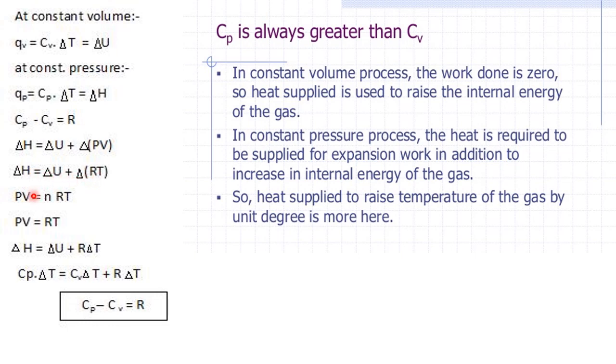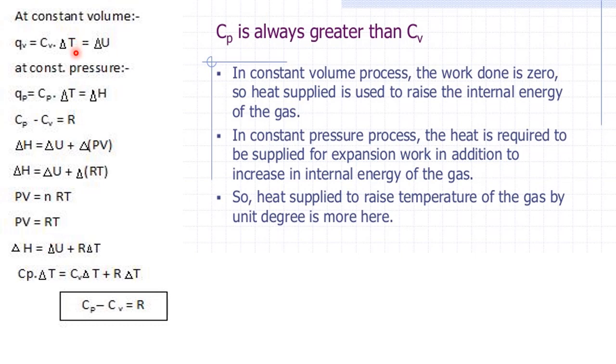Now PV equal to nRT, and for one mole PV equal to RT. Therefore, delta H equal to delta U plus R into delta T. R is constant, so I am taking R outside. What is delta H here? Delta H equal to Cp into delta T, so in place of delta H, I have taken Cp into delta T. What is delta U here?